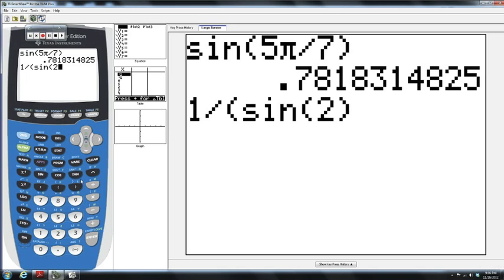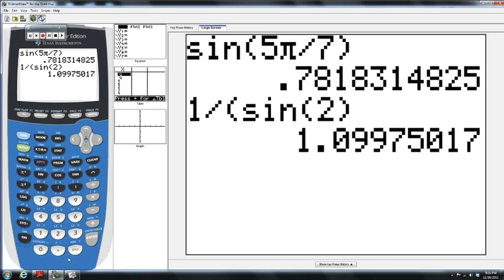Guess I could do 2 sets of parentheses that way. Okay, that'll work. So 3 decimal places, 1.099, and the 7 would go up to an 8 because of the 5. 1.0998. Now if you want to do it the other way, you would do sine of 2, and then make sure you take that to the -1.